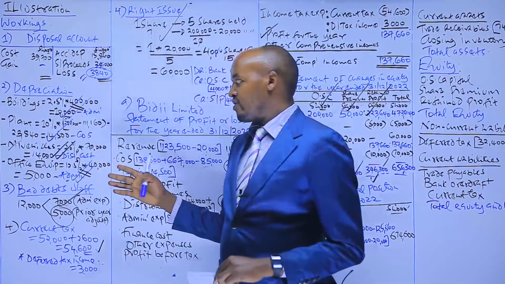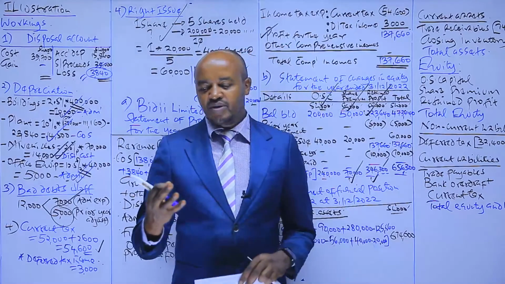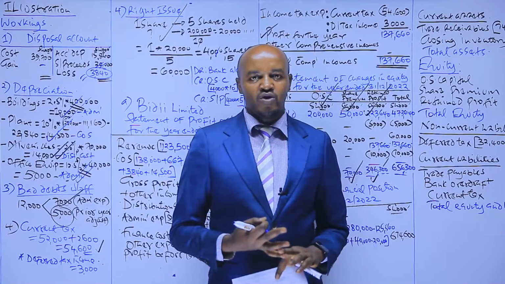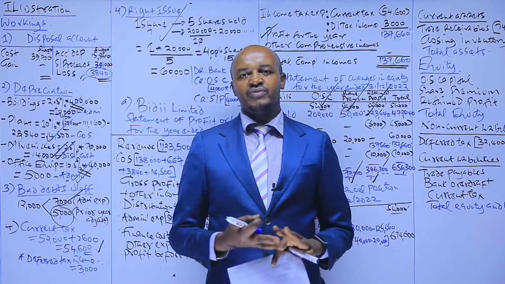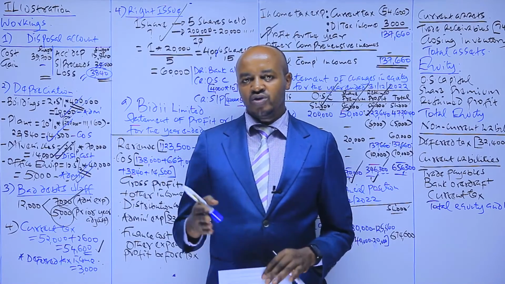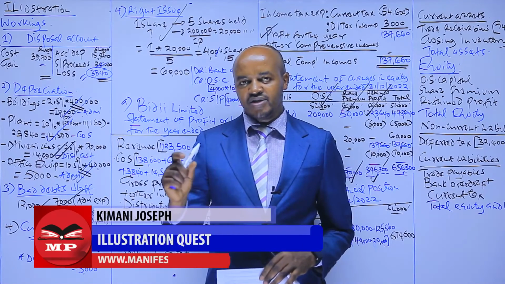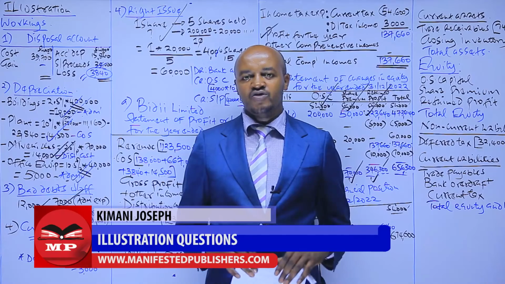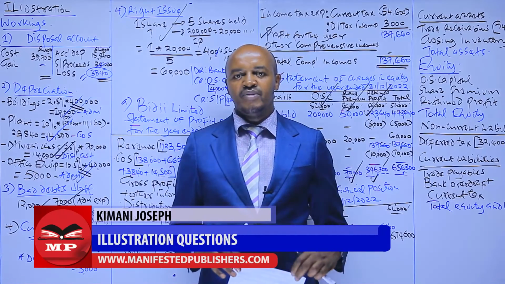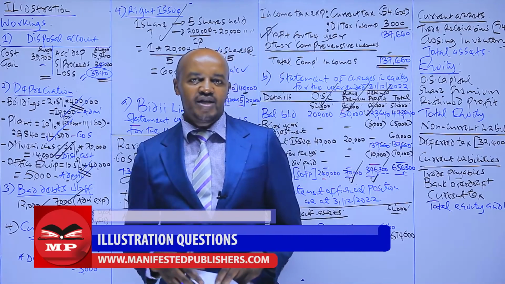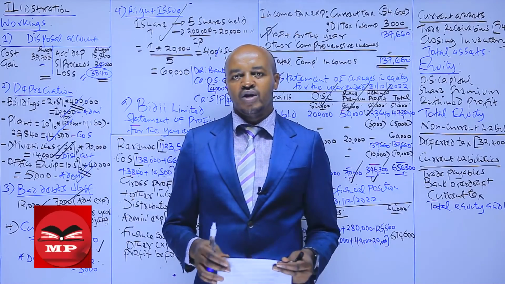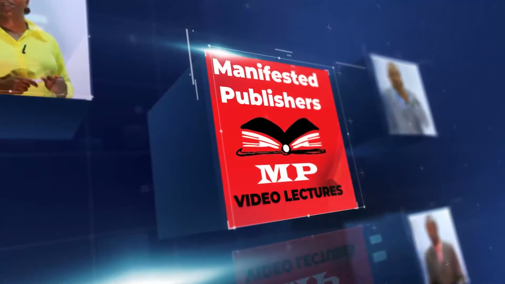Remember, what so far we have covered here is the preparation of the statement of comprehensive income, statement of changes in equity, statement of financial position, and then what is remaining is for us to discuss something to do with the statement of cash flows, the presentation of the same, and so on. So see you in the next class as we look at that.